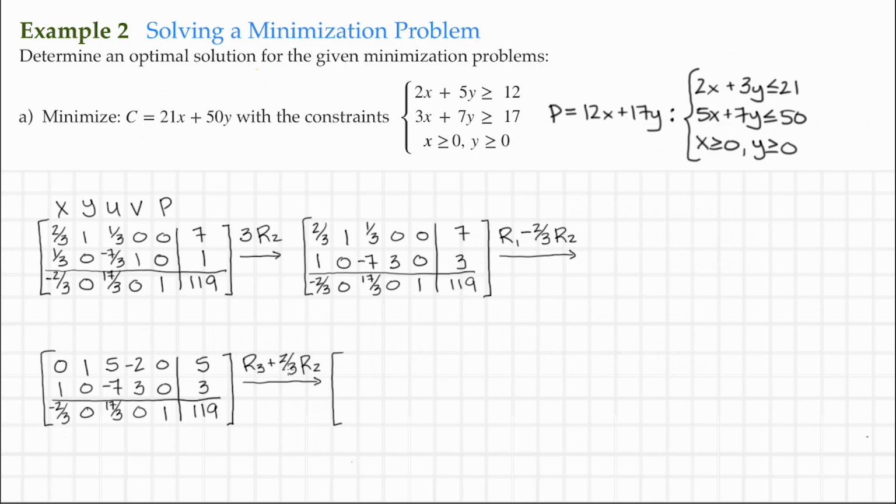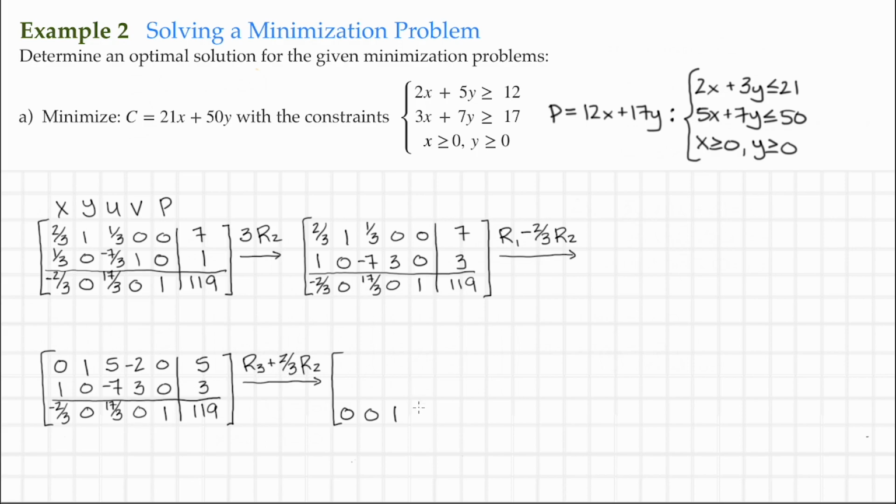One times 2/3 is 2/3. Negative 2/3 plus 2/3, 0. Of course, again, that's the whole idea. 0, 0, and 0. Negative 7 times 2/3 is negative 14/3. And 17/3 minus 14/3 is 1. 3 times 2/3 is 2.